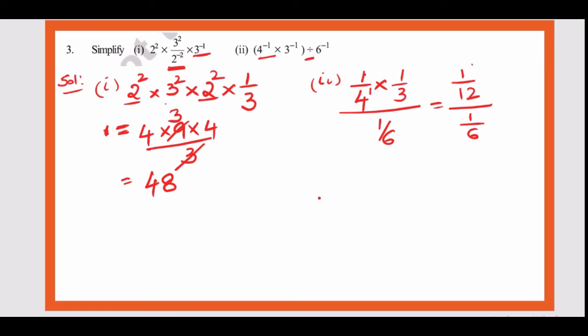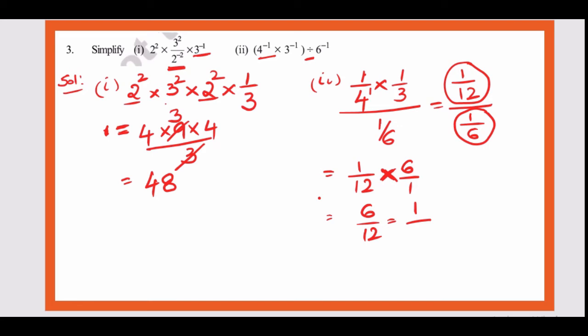Whenever you have one fraction in the numerator and one fraction in the denominator, write the numerator fraction as it is, and whatever fraction is present in the denominator, just reciprocate it and write it as multiplication. So this 1 by 6 will become 6 by 1. Now this can be written as 6 by 12. So in the 6 table this goes once and the denominator goes 2 times. So the answer is 1 by 2.